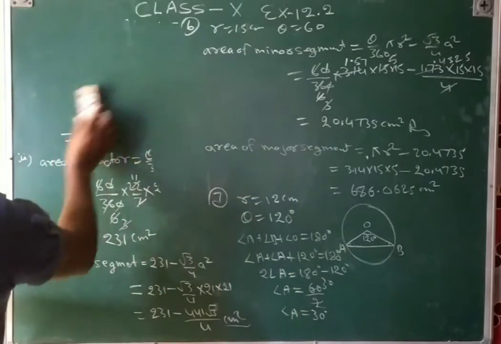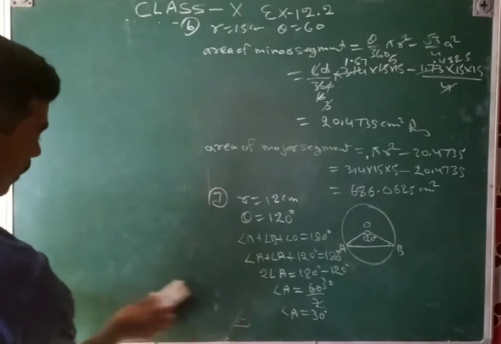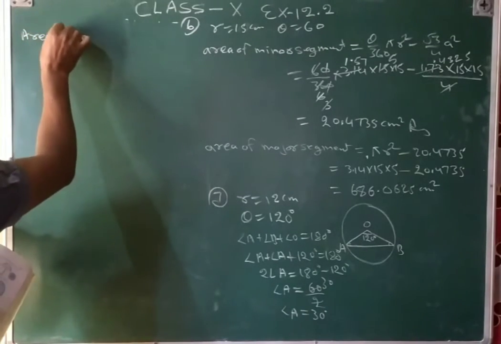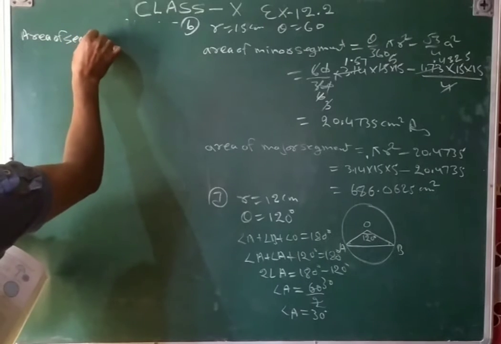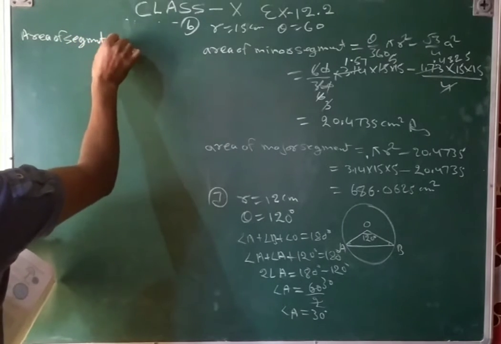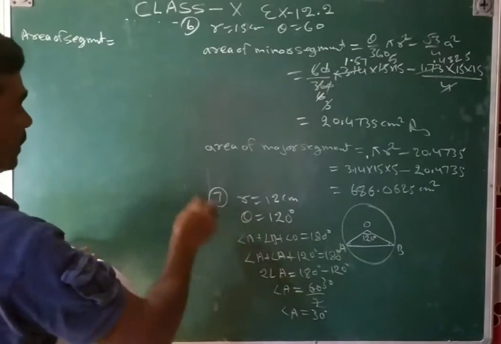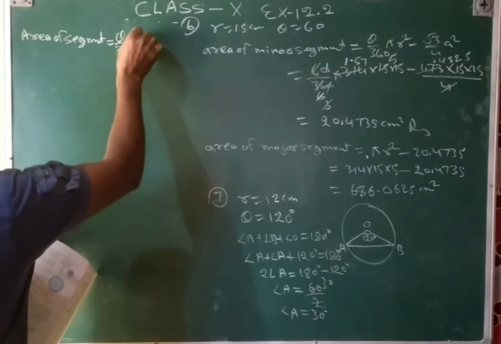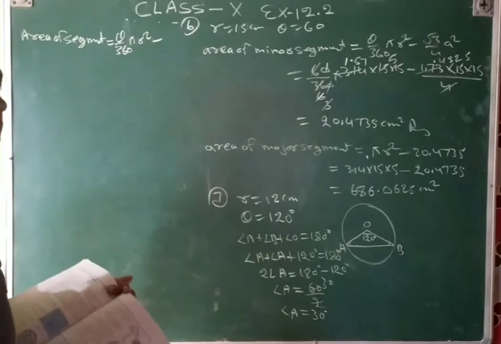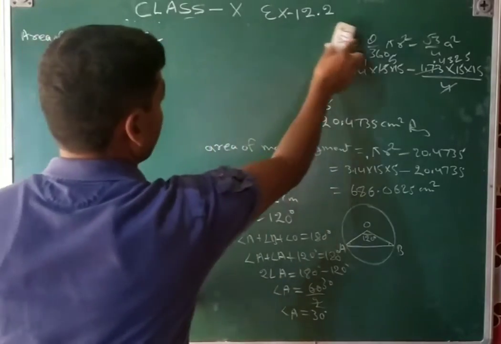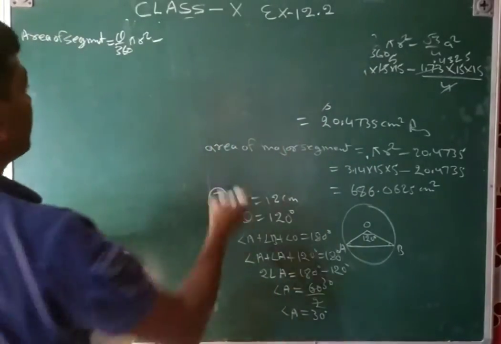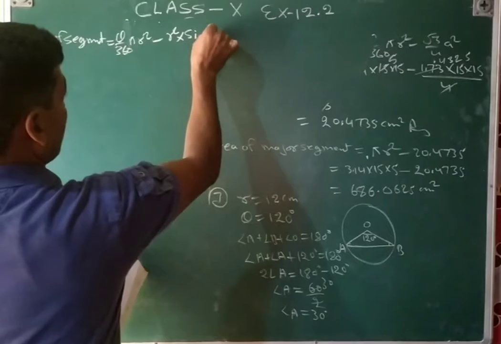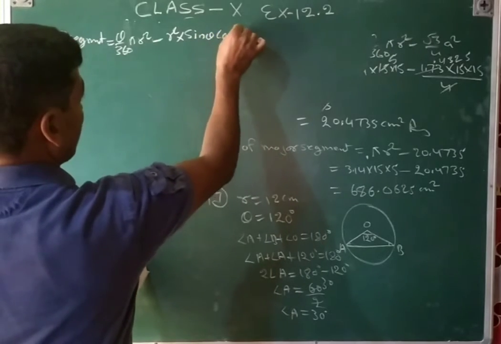So now we will see that area of segment is equal to area of sector, theta upon 360 pi r square, minus the area of triangle. So what we will apply here, area of triangle will be r square multiply sin theta cos theta.